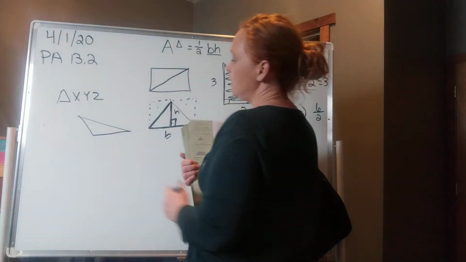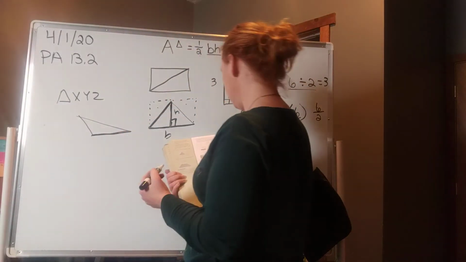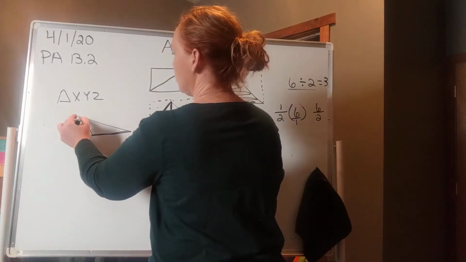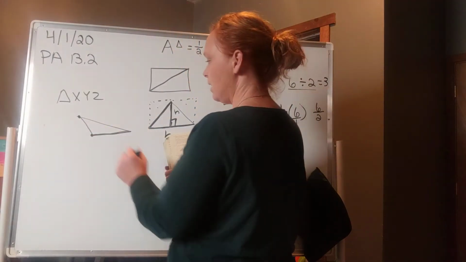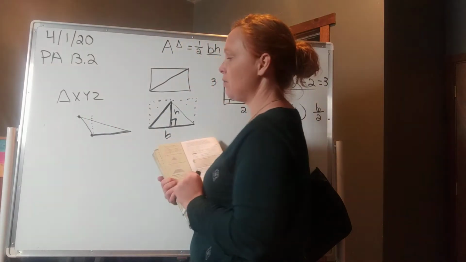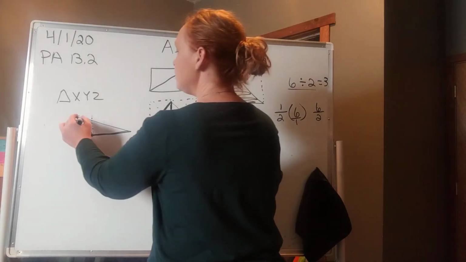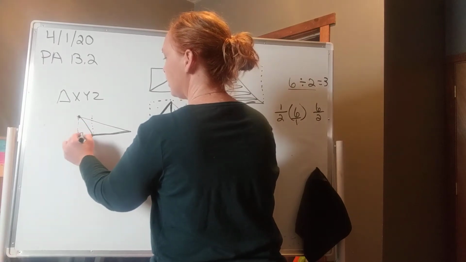Now, if you'll see what they did for us, they went ahead and said, okay, how do I make this into this imaginary rectangle? Because I have to have the height of this triangle, don't I? I can't go right here because look, it would need to come outside the triangle. That wouldn't help us. So what they've done is they've actually made their perpendicular out here.